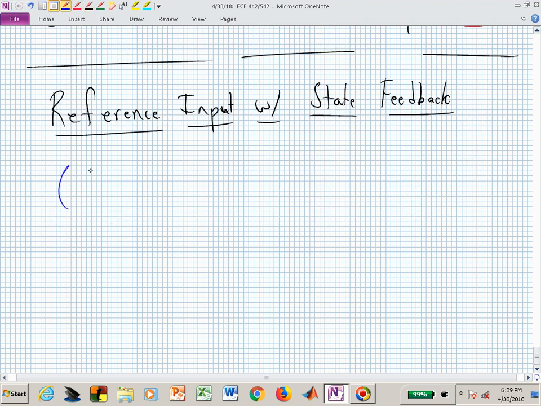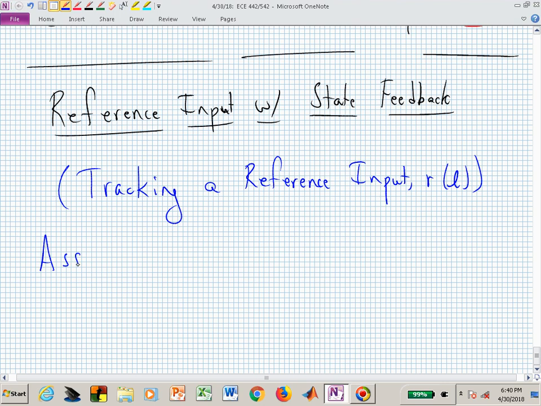Or we are now saying go to 10, we're going to track 10. Tracking a reference input, let's say R of L. And to talk about this, let's go ahead and just assume a scalar input.